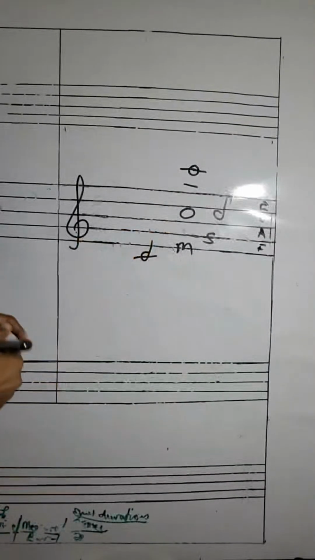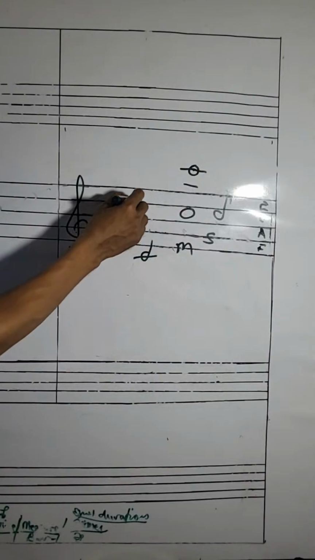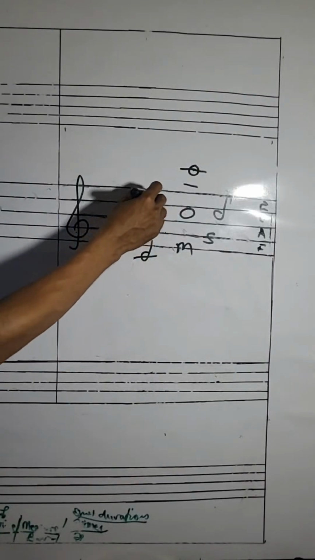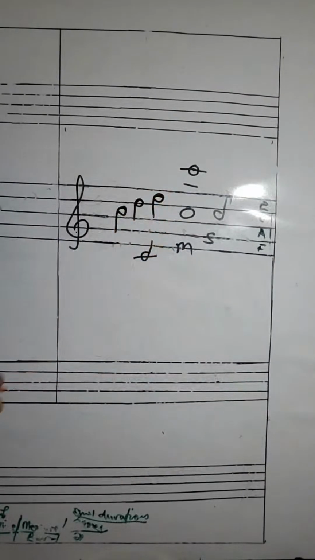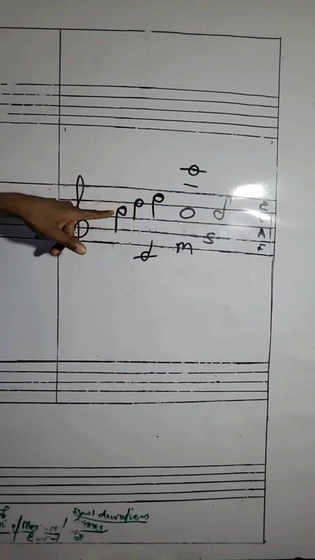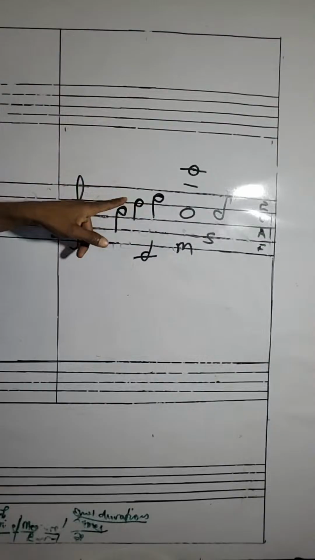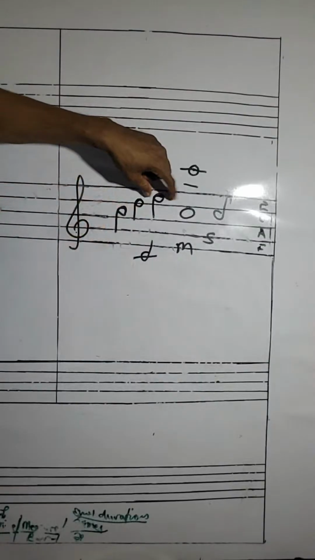Okay, for instance, let me bring you higher. This is my note. So here we have a note on the C, a note on the D line, which is your fourth line, and we have another note on our E.